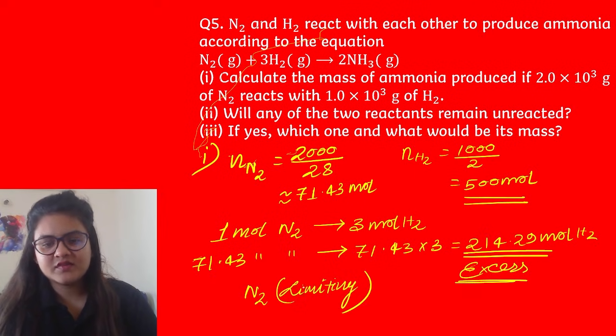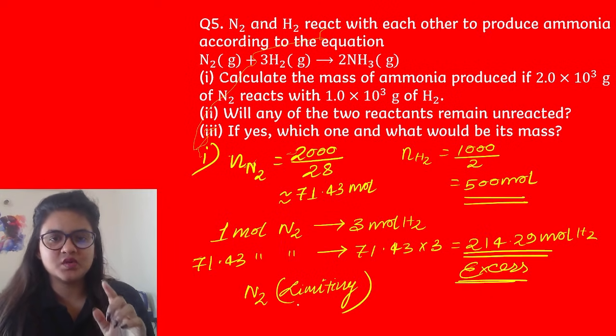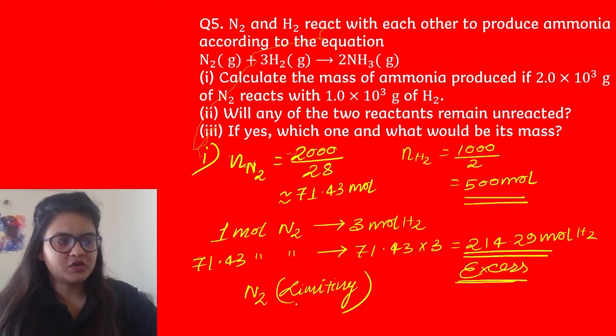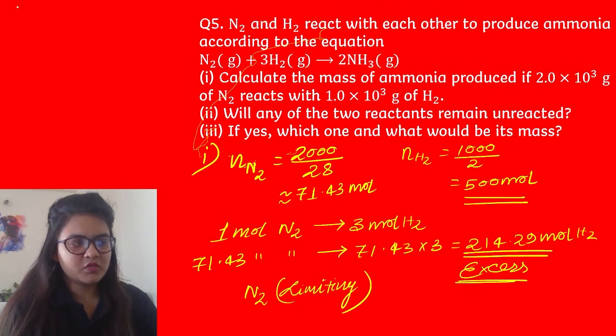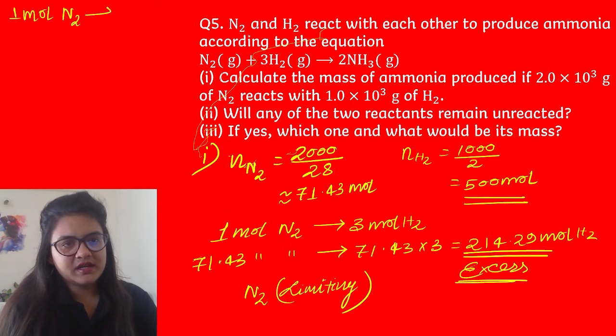Why am I finding the limiting reagent first? Because only with respect to the limiting reagent will I get the amount of product. Now we have to calculate the amount of ammonia. From 1 mole of N2 I get 2 mole of NH3, right?